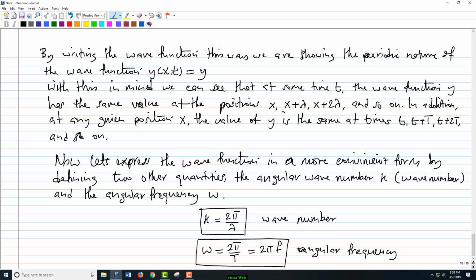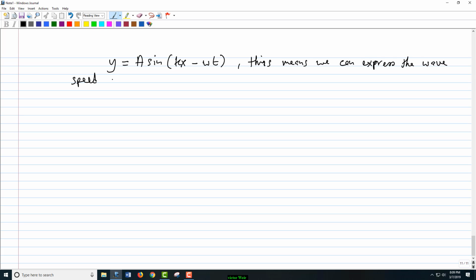So with these new definitions in mind, we can rewrite the wave function as y equals A sine of kx minus omega t. So this means that we can express the wave speed v as equal to omega over k, or we can write v equals lambda f.